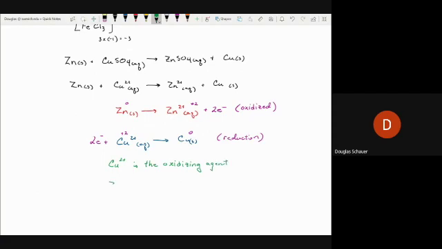Okay, and we can say that zinc, because it's being oxidized, is the reducing agent. In other words, the thing that's being oxidized is doing the reducing. The thing that's being reduced is doing the oxidizing.